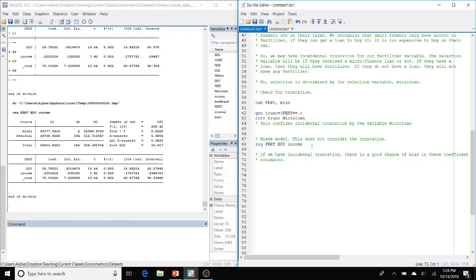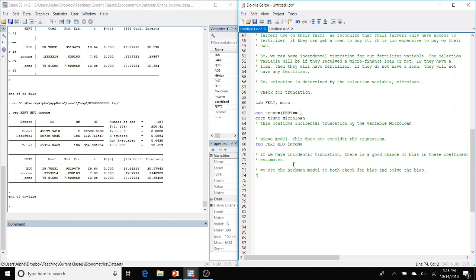All right, so what we need to do is check to see if we have bias, and we need to solve it. We do both with the Heckman model. We use the Heckman model to both check for bias and solve the bias. All right. Now, in this demo, I'm going to illustrate the Heckman model two ways.